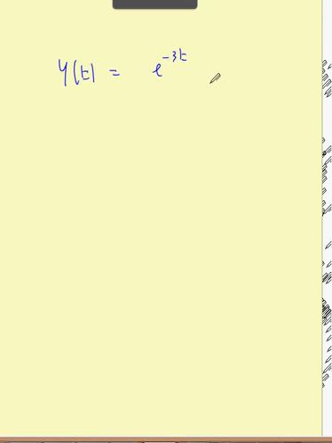What I'm saying is that the limit as time goes to plus infinity, the end of the universe, of e to the power of minus 3t is equal to 0.